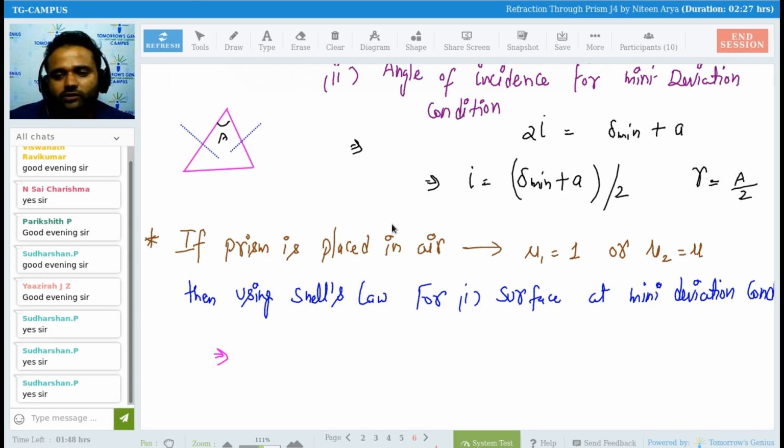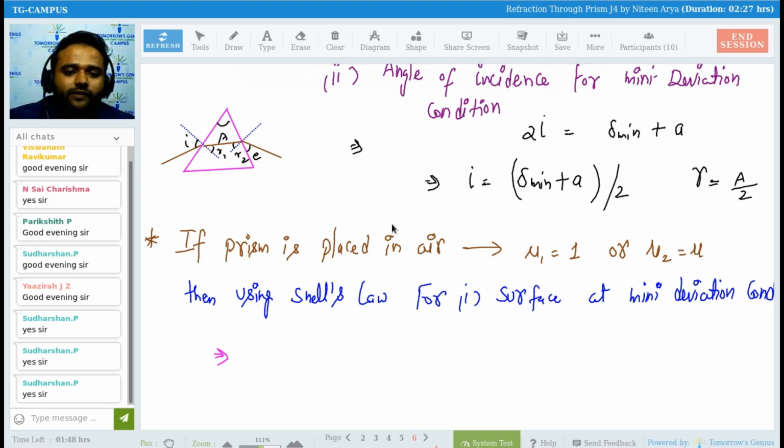This is your angle of incidence, this is the angle of refraction, and this is the angle of emergence. So this is your angle I, this is your angle R1, this is your angle R2, and this one is the angle of prism. Clear? Clear picturization till now?